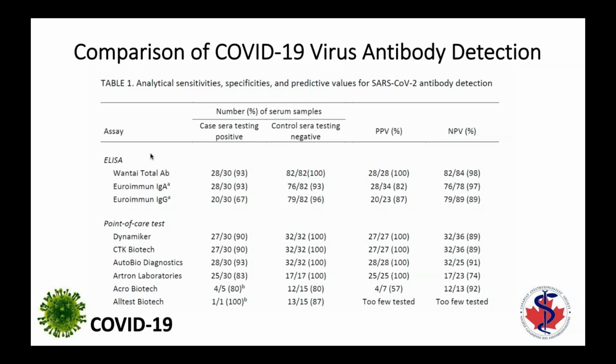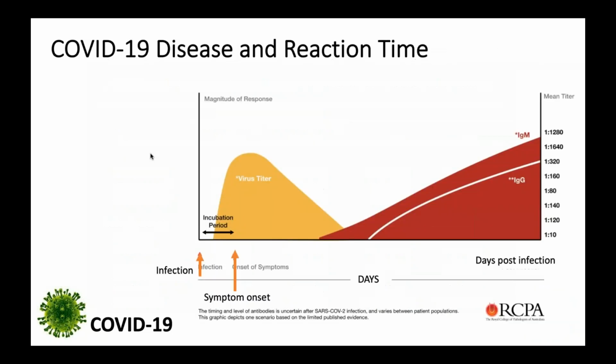And so our tasks are to identify the best performing assays and also to make sure that there are supply chain availability and secured, not only for our province in British Columbia, but for all provinces across the country. And so that's where our efforts are put in place to address just that.